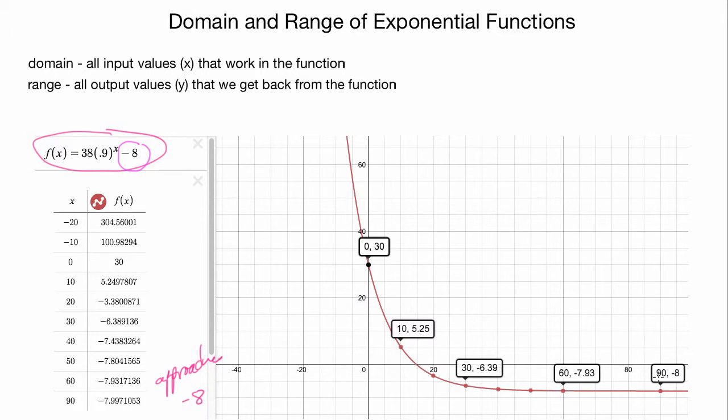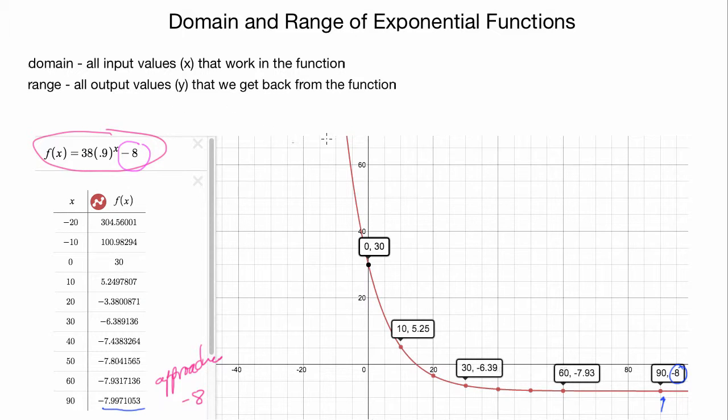Even though it shows at this value of 90, it's got a value for y of -8, that's just rounding it for the graph's sake. It really is -7.9971053. And if I keep going, it's going to get closer and closer, infinitely closer, -7.9999999, but I will never ever make it equal exactly -8.